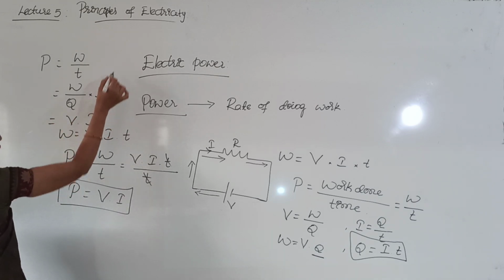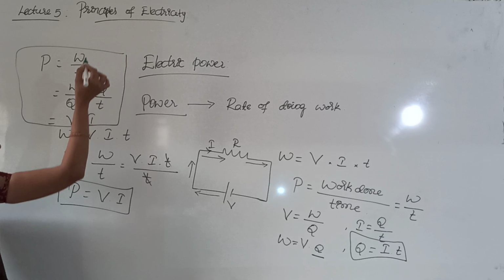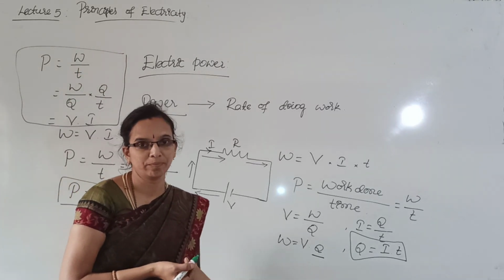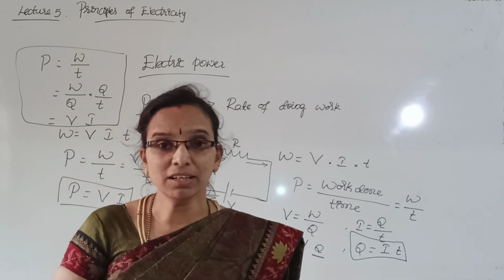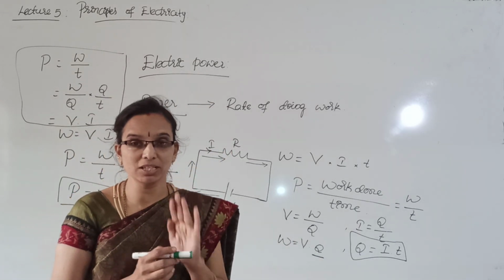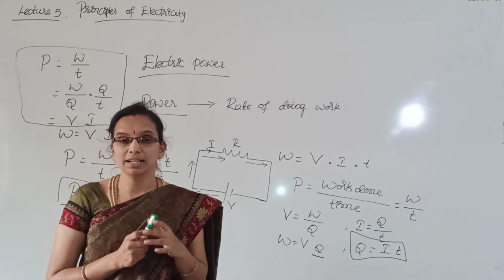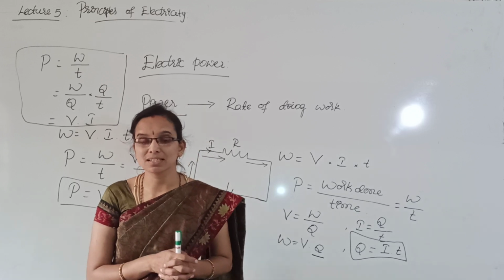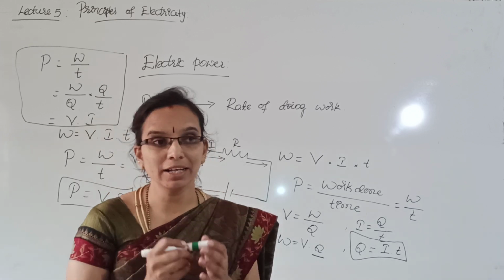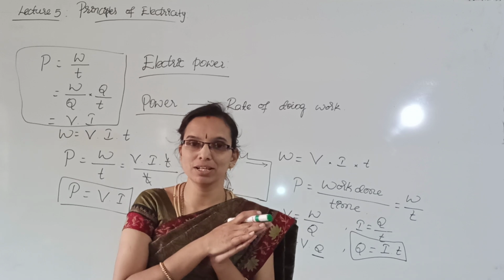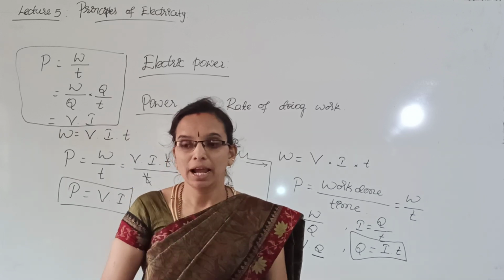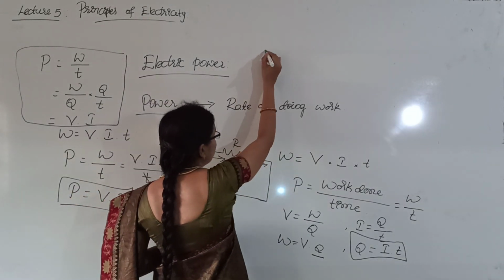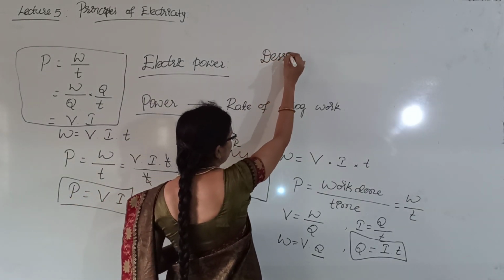I get V into I. This is also one of the ways to express the power. Whenever the voltage, potential difference, is applied across the conductor, a current I flows, then you can tell there is power. Current flows, potential difference, that is voltage drops, and power is dissipated.